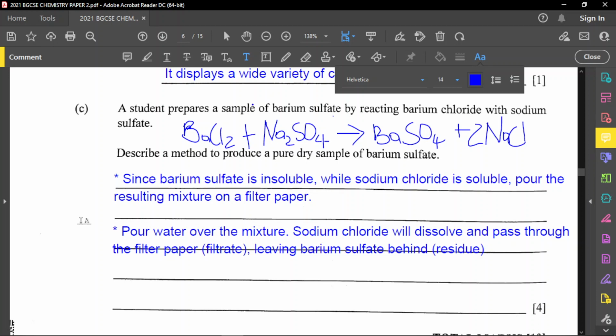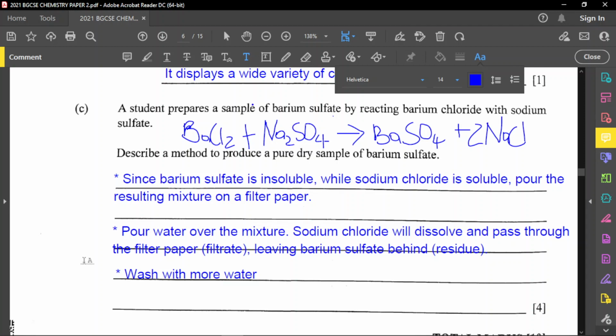What you're going to keep on doing, let me just put another point right here, that will be very important. Add more water, or wash with more water, because once you run water over barium sulfate, actually it is washing it.